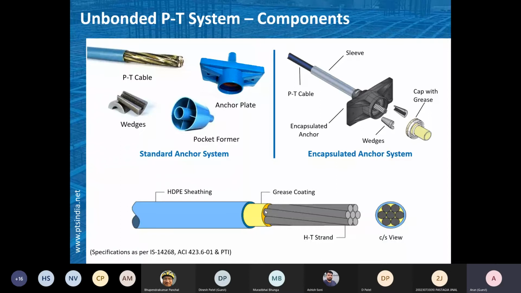So this is anti-corrosive grease. Then there is an HDP sheathing over that. Sheathing also has two purposes: to allow the movement, and to protect the cable. Here the grease reduces the friction between the HDP sheathing and the strand while stressing.